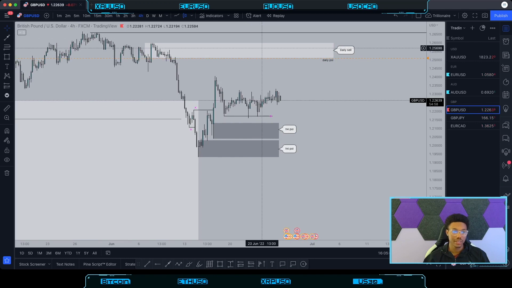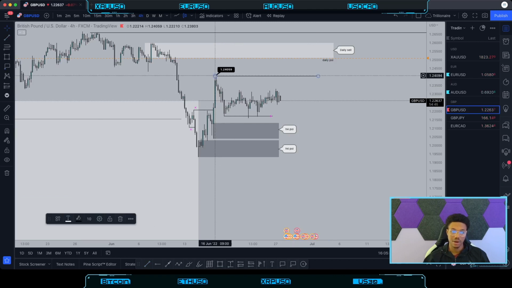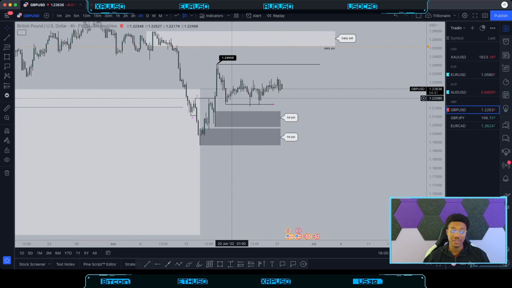But in order to reach that daily POI, we need price to do what? We need price to push to the upside. Now, my first target, if we do get a trade, is going to be this high here, around 1.24059, right? We see that we're creating a lot of internal liquidity. We have all of this liquidity resting here that price swept once here, right?